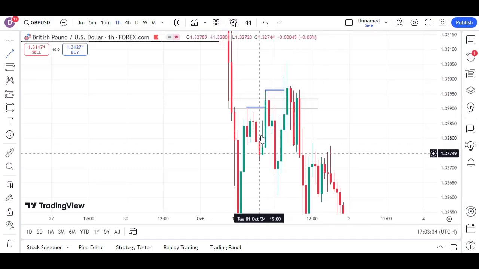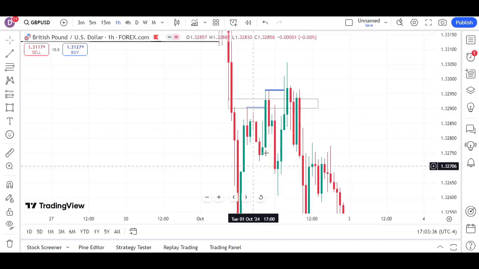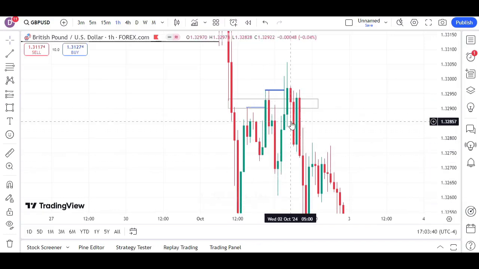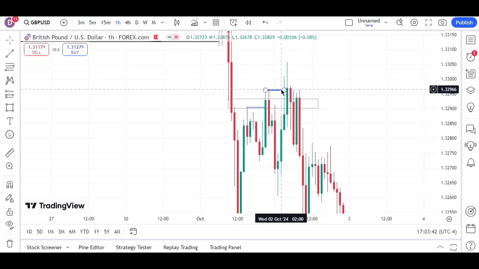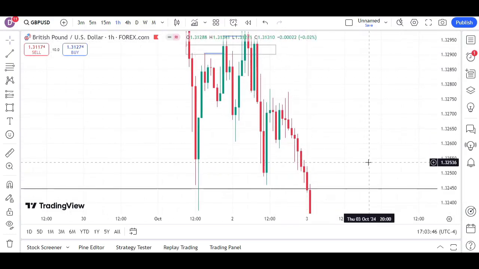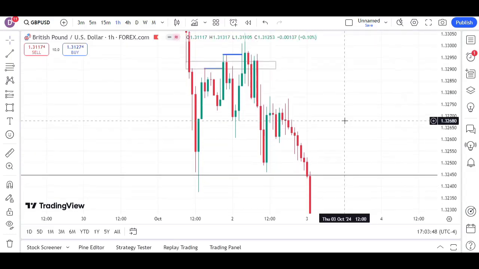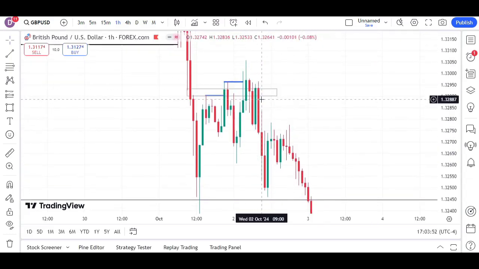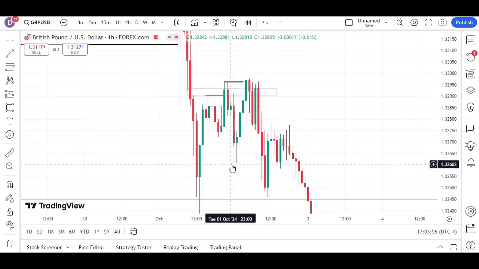So we took out buy side, took out sell side, those people who sold here, and then again we took out buy side, and then price gave us a shift in market structure. This is a shift in market structure when you have consecutive down close candles taking out buy side liquidity and sell side liquidity like this.